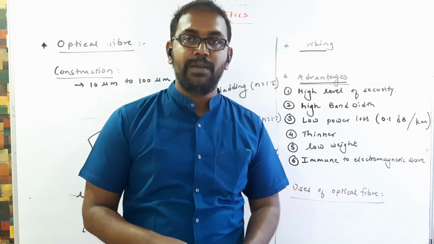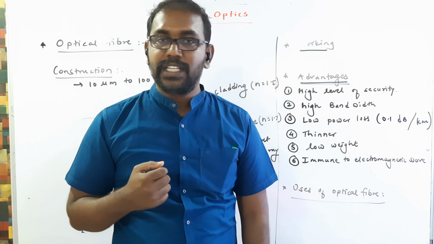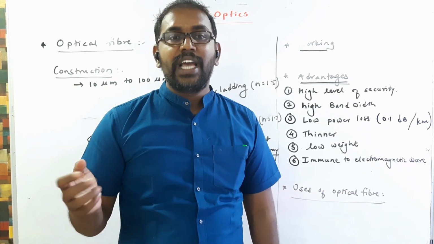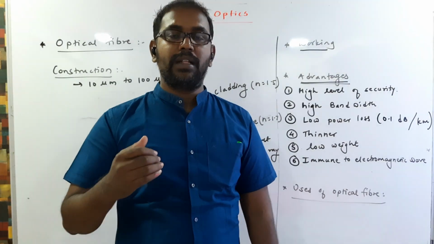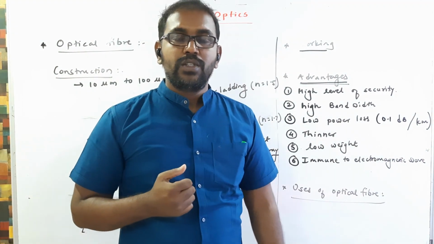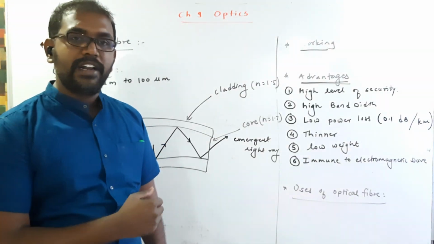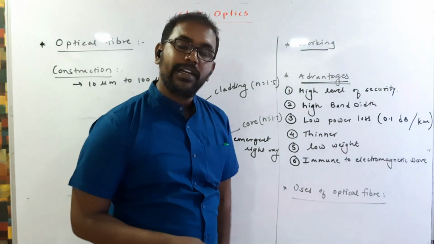A small optical fiber एक मुंह से अंदर छोड़ा जाता है, उसके एक टिप पे कैमरा होता है, and by that we can see on the monitor what the problem exactly is in the body. So basically we can say that it is used in endoscopy to examine internal body parts. So this is the use of optical fiber.